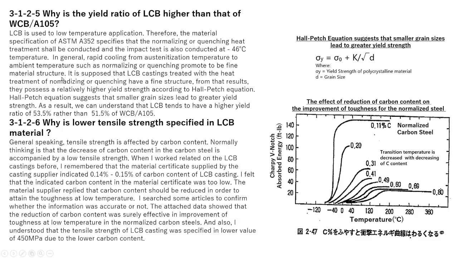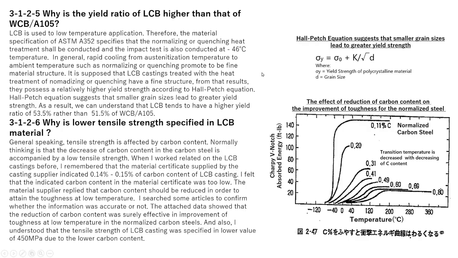It is supposed that LCB castings treated with normalizing or quenching have a fine structure. From those results, they possess a relatively higher yield strength according to the Hall-Petch equation. The Hall-Petch equation suggests that a smaller grain size leads to greater yield strength.